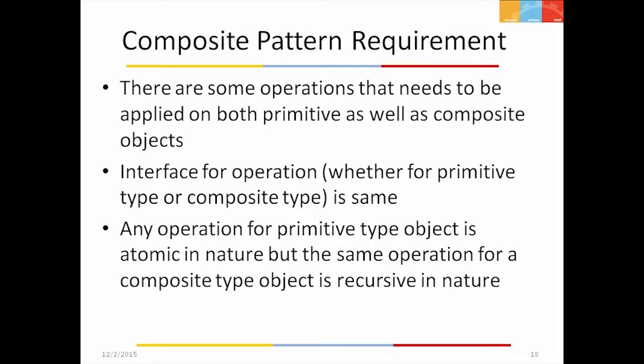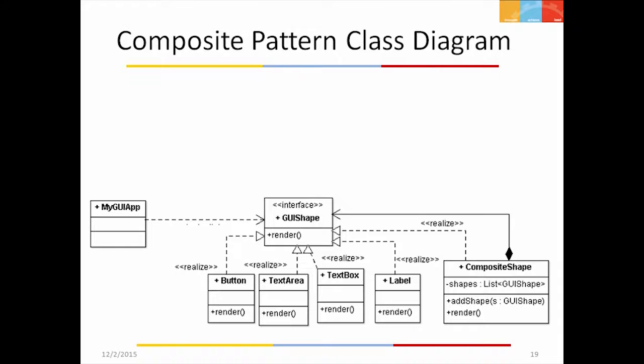So in that sense it becomes recursive, and depending on the level of nesting, depending on the level of division of modules into submodules and sub-submodules, the level of recursion goes that much deep. Let's look at the example of GUI application. I have the interface, which is the GUI shape.